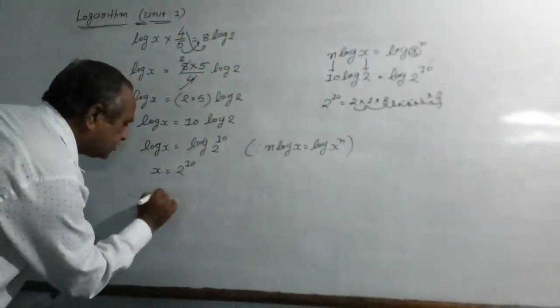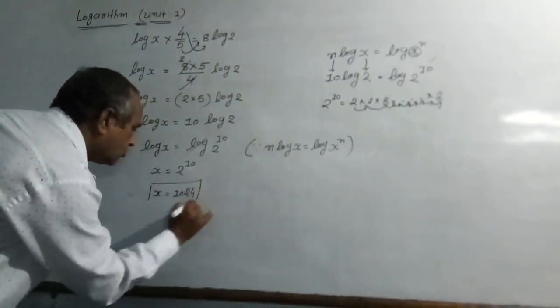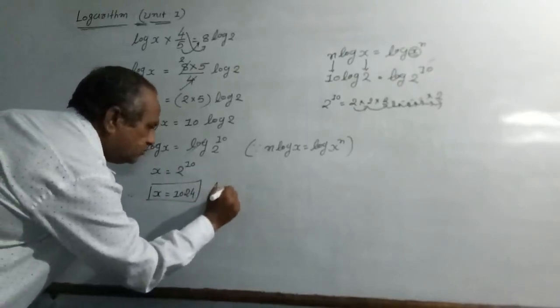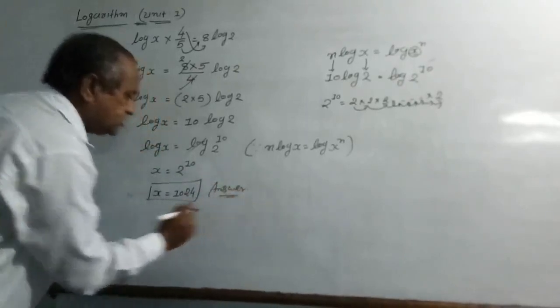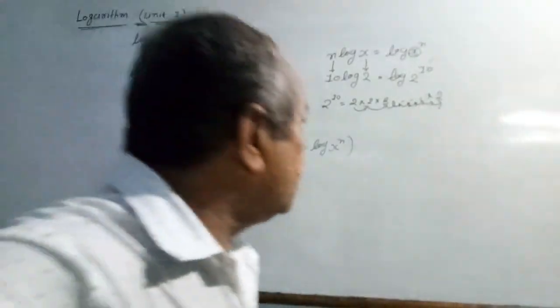So x is equal to 1024. That is your answer. So x is equal to 1024.